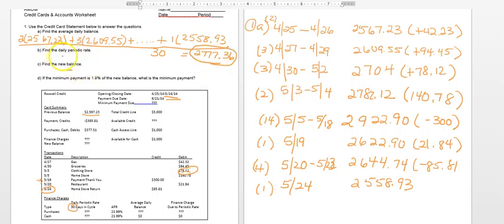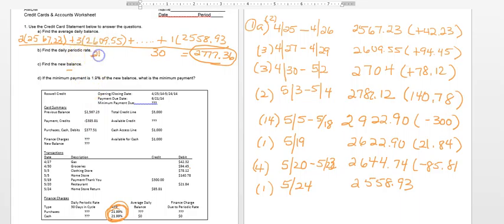To figure out the daily periodic rate, you look down on your statement here and you see your APR. I'm going to erase everything else that I've circled down here. What I'm looking at to figure out my daily percentage rate is where it says my APR, which is 21.99%.